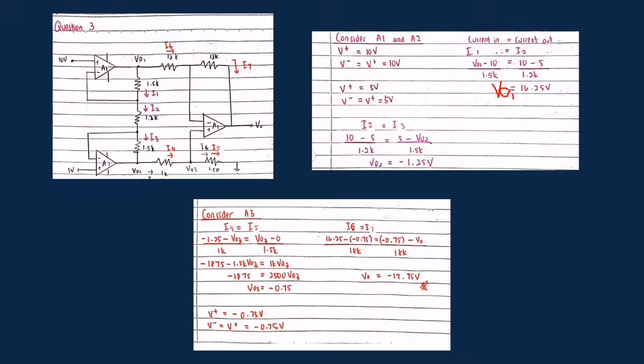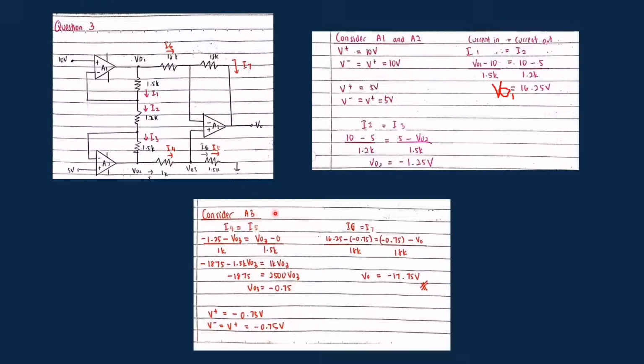Right, so next is to find the VO2, for which I use current in and current out again, and this time I use I1, I2 and I3. So I substitute all the values and get the answer of VO2, which is negative 1.25 volt. Right, so the next step is I consider A3.